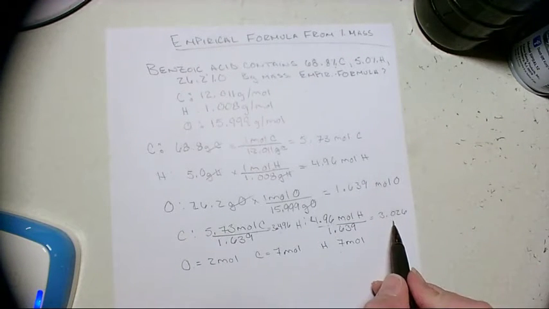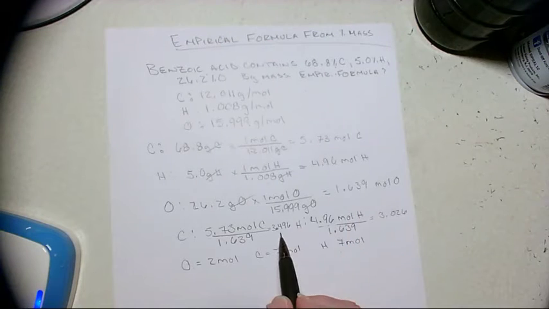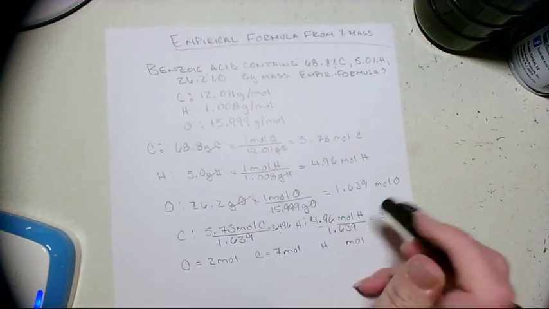So this is close enough to 3 that I'd be happy with that. This obviously is 1 because we divided it by itself, but we still have this ickiness. So because this is kind of hovering on the line, you do want to go with multiplying by 2 in order to make it a nice whole number, or relatively close. And so this still is indeed 7, but the difference is this is now 6, as it should be.